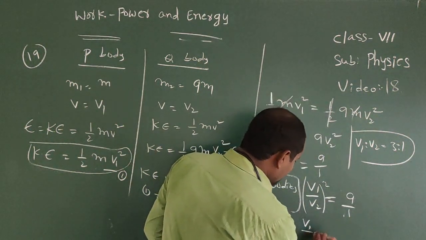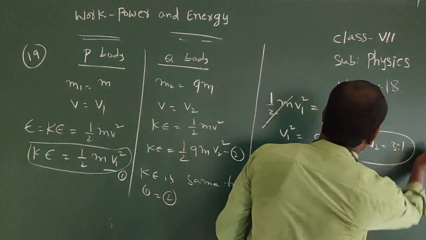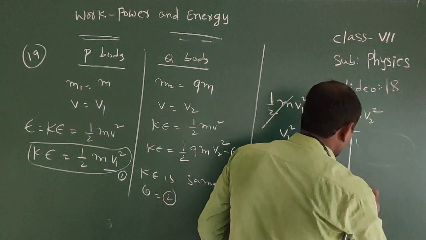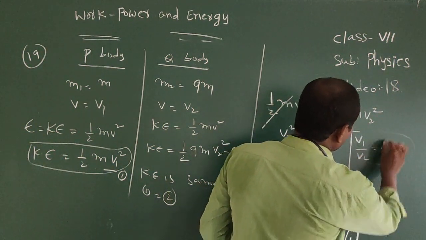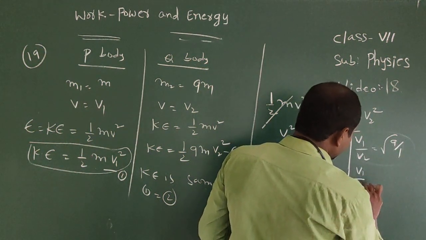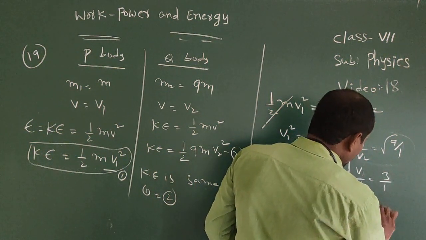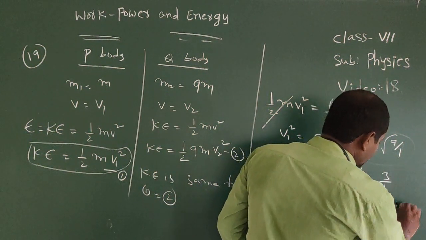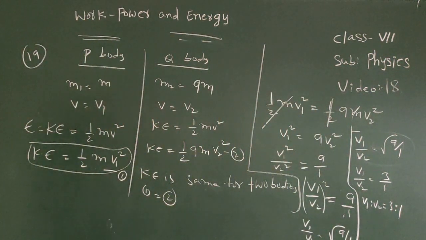Therefore V1 by V2 equal to root of 9 by 1. Root 9 equal to 3. Therefore V1 by V2 equal to 3 by 1. So V1 is to V2 equal to 3 is to 1.